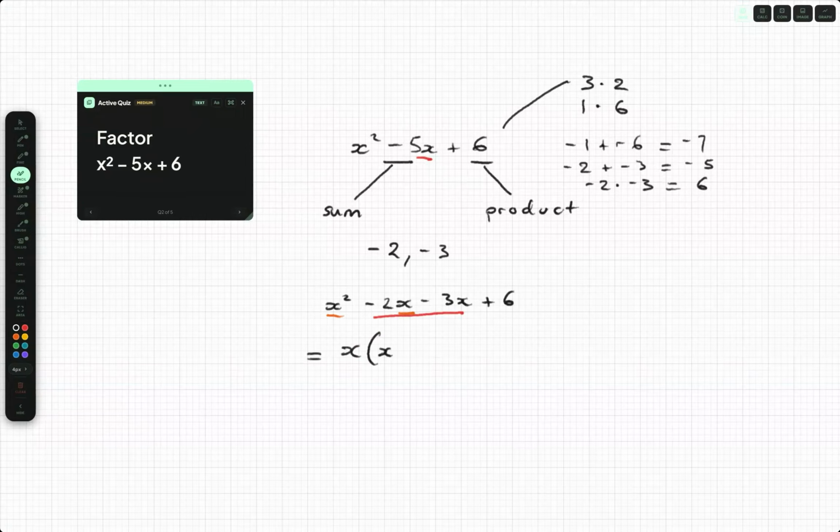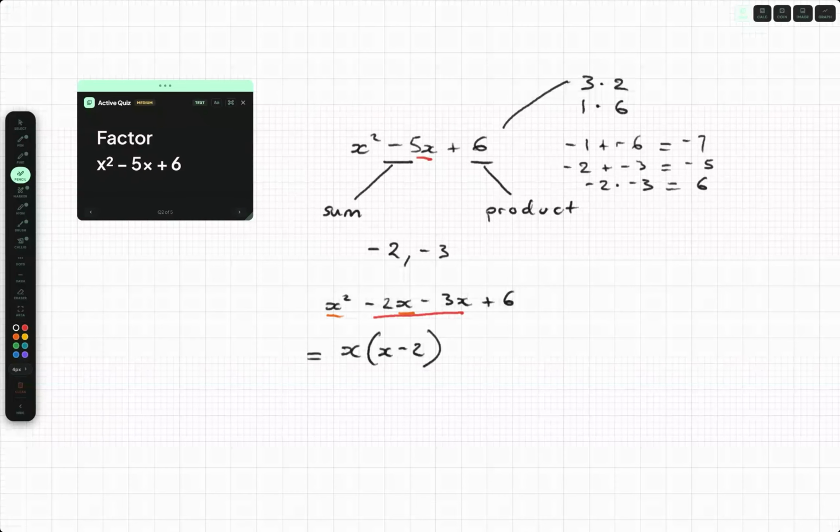x divided by x becomes x. Minus 2x divided by x becomes -2. All right. Now, this is where we can get into some trouble. If we are going to factor out the -3, we need to change the signs because we'll be dividing by -3.